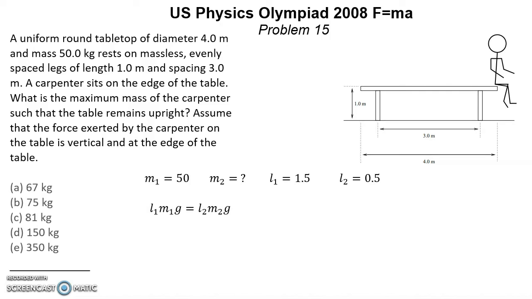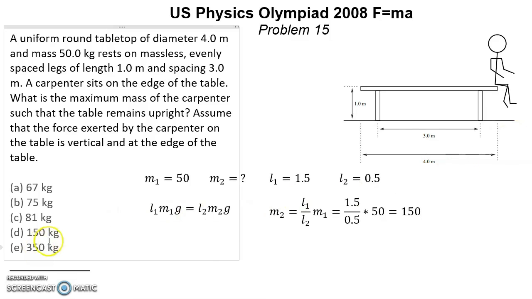The table creates counterclockwise torque, which is L1 M1 G, and the carpenter creates clockwise torque, which is L2 M2 G. Finally, we have this expression: M2 equals L1 over L2 times M1, and when we put in numbers, the maximum possible mass of the carpenter is 150 kg, which is answer D.